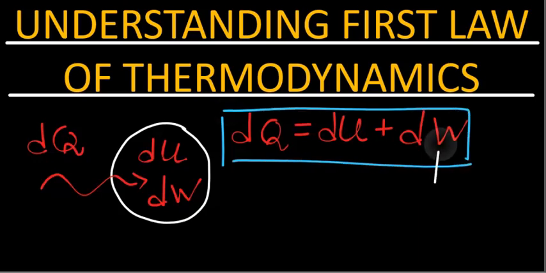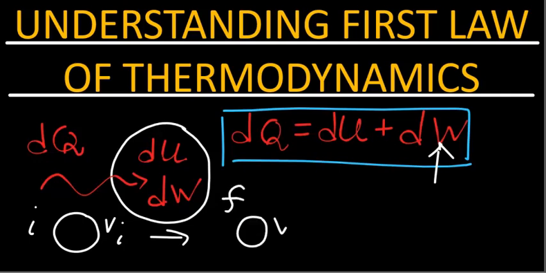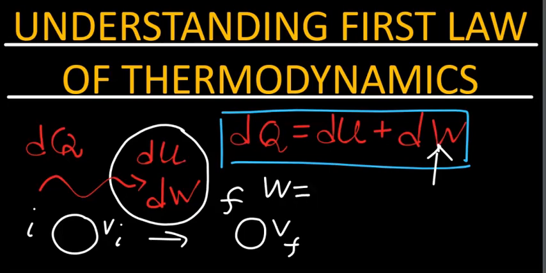Let's look at this work. Assume that this is the initial state of that gas sample. The volume is VI, and it goes into the final state where the volume is VF. The total work done in this process is given by the following expression.